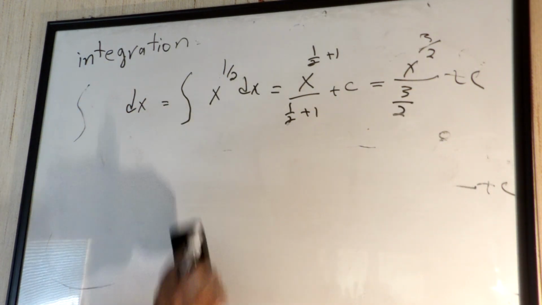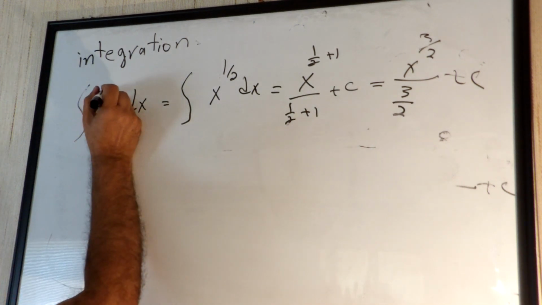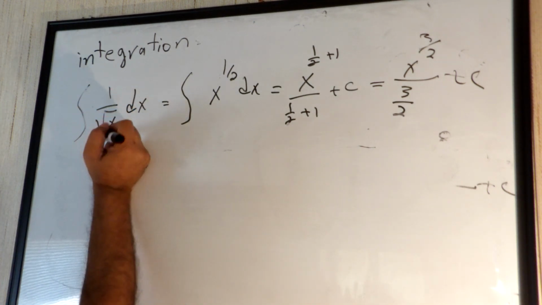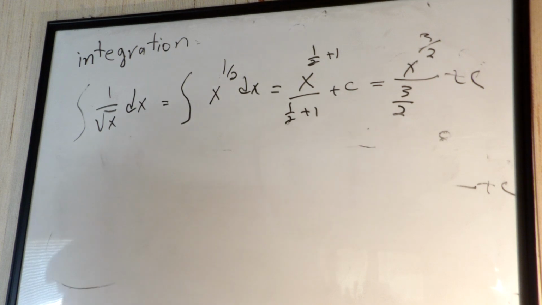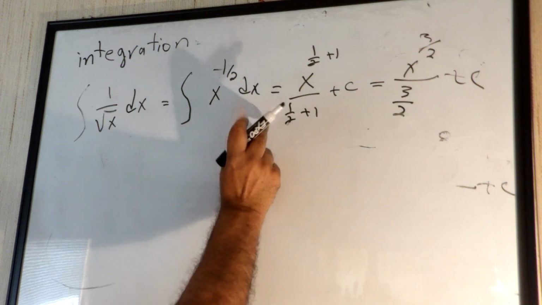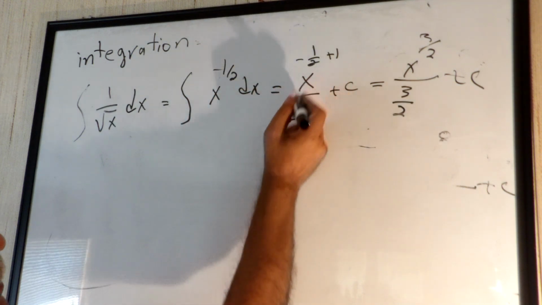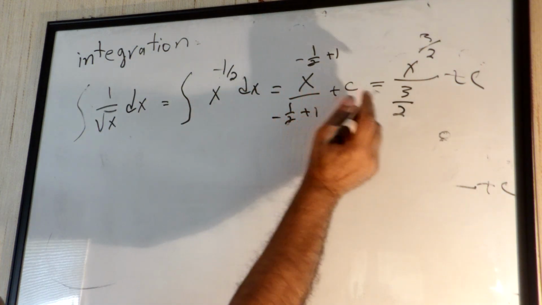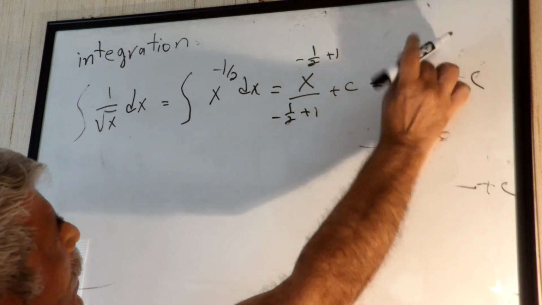If this one was here, 1 over x, I want you to learn this one too. If we had something like this, this is going to be minus 1 over 2, and minus 1 is going to be plus 1 over 2.